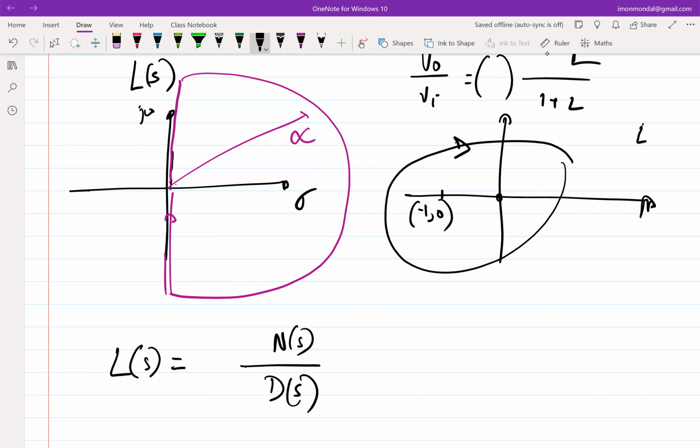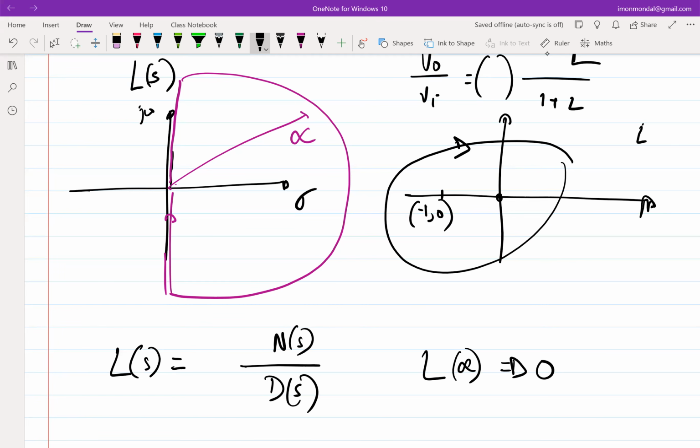Because you can think of it in this way, that L of infinity will always go to 0. L of infinity means an infinite frequency. At infinite frequency, you'll have some capacitor somewhere which will short off. Ultimately, you are not going to get an output at infinite frequency, which is a backhanded way of saying that the number of poles will be more than the number of zeros.